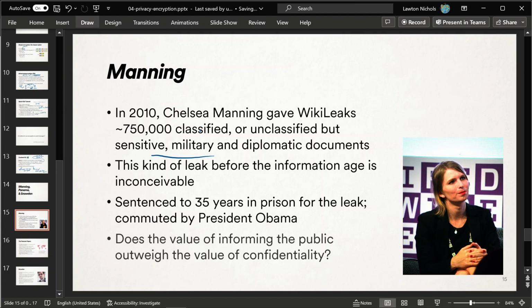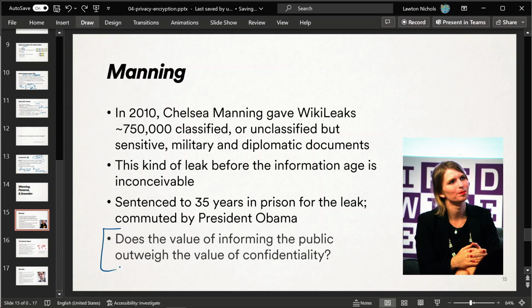I think it had to do with the war in Afghanistan. There were some issues with civilian casualties, and there were way more than the U.S. government was talking about, something like that. You can look it up if you're interested. But she thought that it was a good idea to leak these documents, and she was sentenced to 35 years in prison for this leak. Those years were commuted by President Obama, though, so she is free right now.